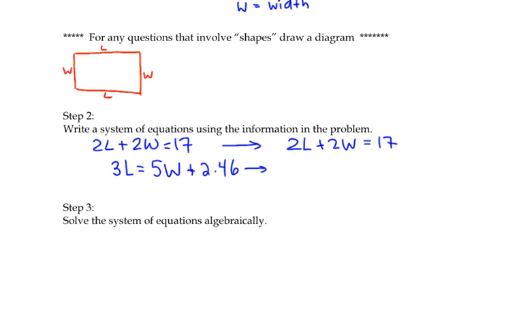A lot of you already figured out how to do that. We need to move 5W. We're going to have to subtract the 5W over to the other side so that we just have our constant by itself. And that gives us, we write the L first because the L is first in the other equation, 3L minus 5W equals 2.46.